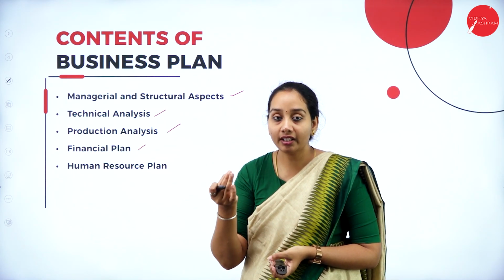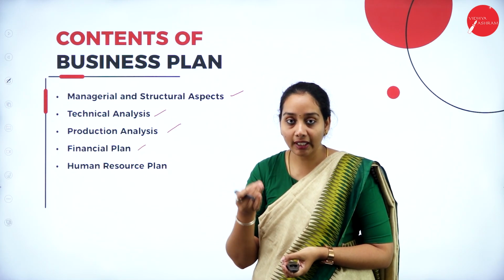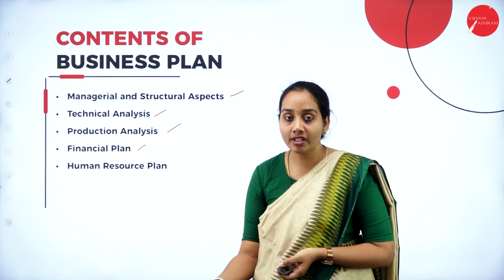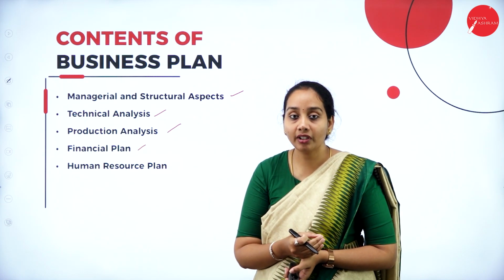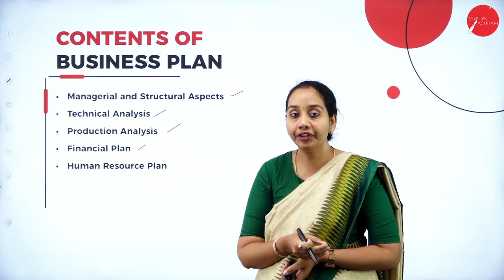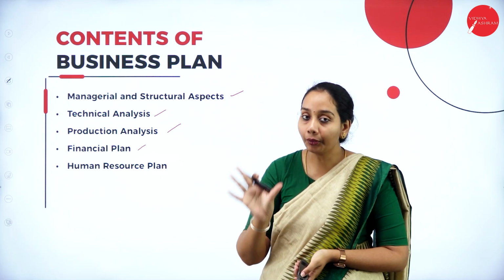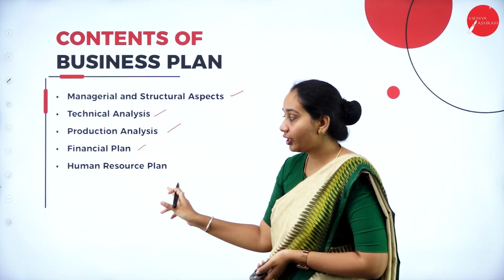Next is money, that is your financial analysis. How much is your share capital, how much is your equity capital, how much are you going to invest in it, what is the working capital that you are going to have, what is the reserve capital that you are going to have in your company, and what kind of shares are there. All these are important and need to be covered in the financial analysis.